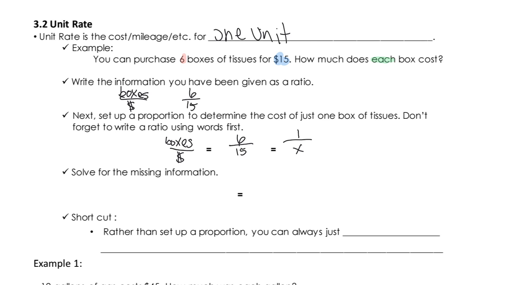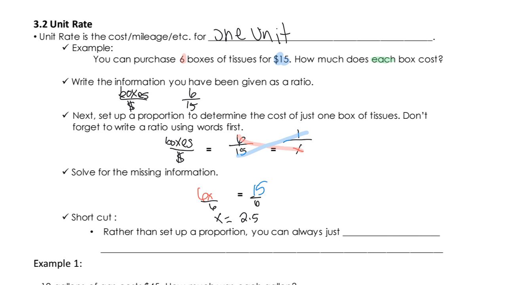And remember, to solve a proportion, we cross multiply. So we have 6X equals 15 times 1, which is 15. And then we solve. Okay, so we divide both sides by 6. And when you do that, type in your calculator 15 divided by 6, and you get 2.5.